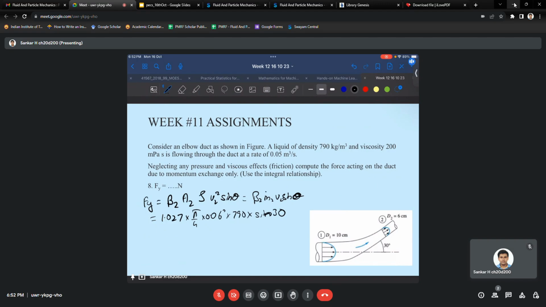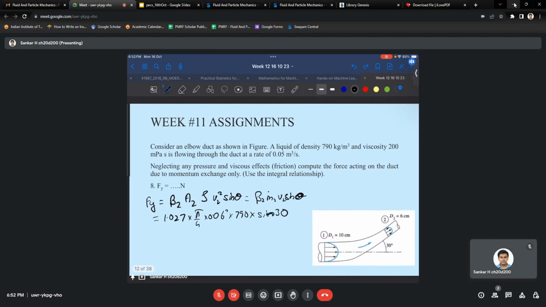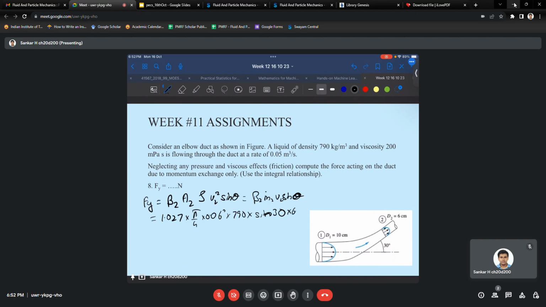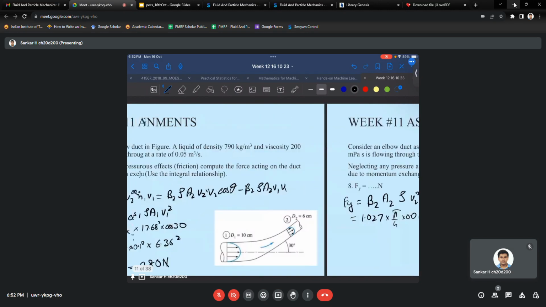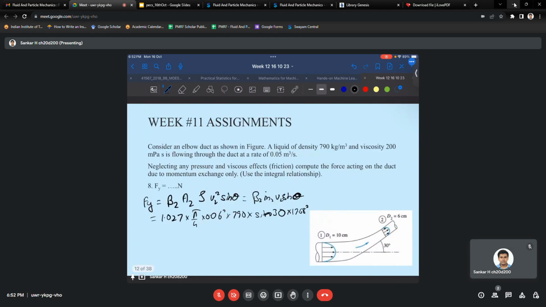No, I almost forgot to add the V2 square, which is times 17.68 square. Okay, I'll just give you the value directly. It will be equal to 358 Newton.